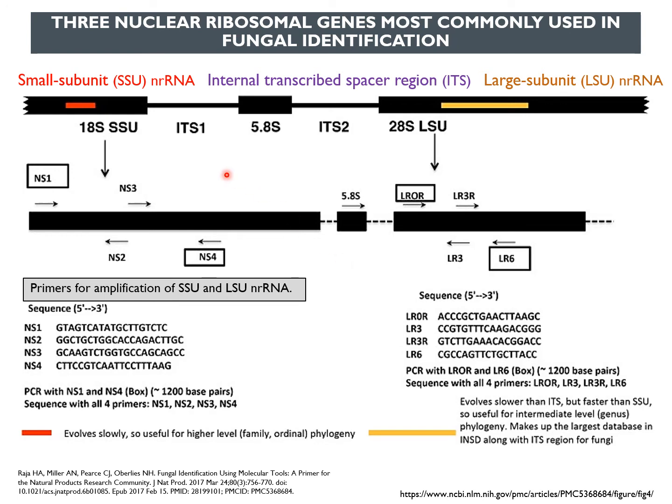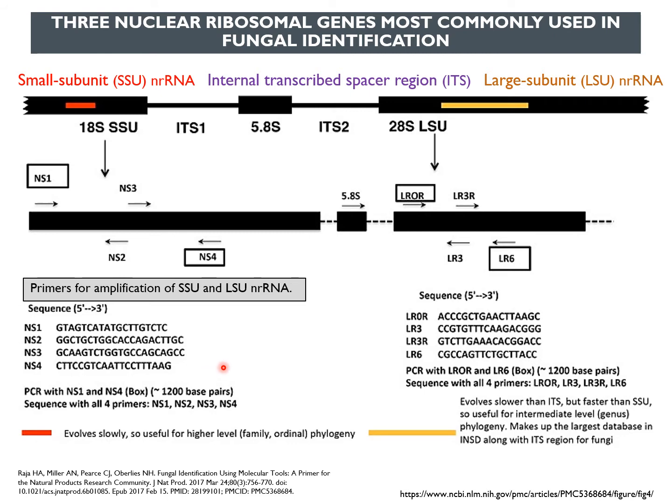If a researcher is interested in the phylogenetic placement of a fungus at a higher taxonomic level, like family, order, class, and phyla, the SSU can be amplified and sequenced using the primer combination of NS1 and NS4, and you can also use the combination of other primers, and here are examples of primer sequences.